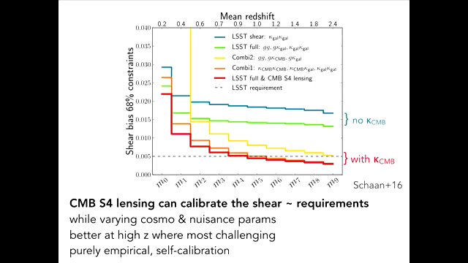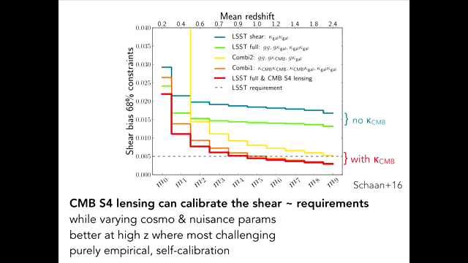So you're still solving most of the problem. And so again, this is assuming no prior on this calibration, so no image simulations. And this varies cosmological parameters and other nuisance parameters like photometric redshift errors.